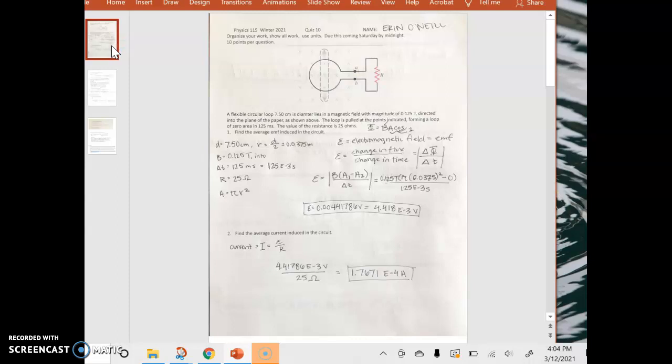So I have pi, and then r, I found, is the diameter divided by 2, converted to meters, and that's squared, and then divided by 125 times 10 to the power of negative 3 seconds, and you get 4.418 times 10 to the power of negative 3 volts.